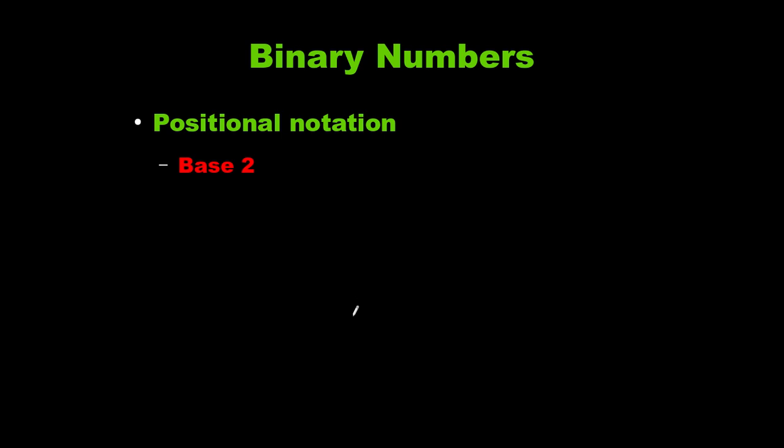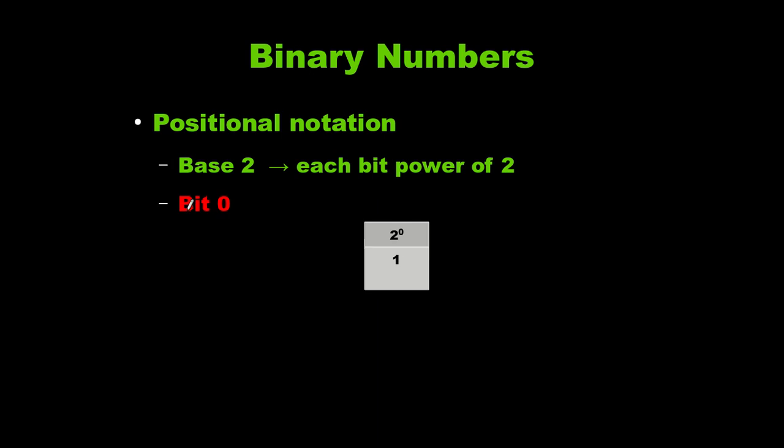But now how do I do that in binary, base 2? Each bit is a power of 2. Why base 2? We said base 10, or decimal, is power of 10. So here it's power of 2. For example, bit 0 is 2 to the power 0, having a value of 1.